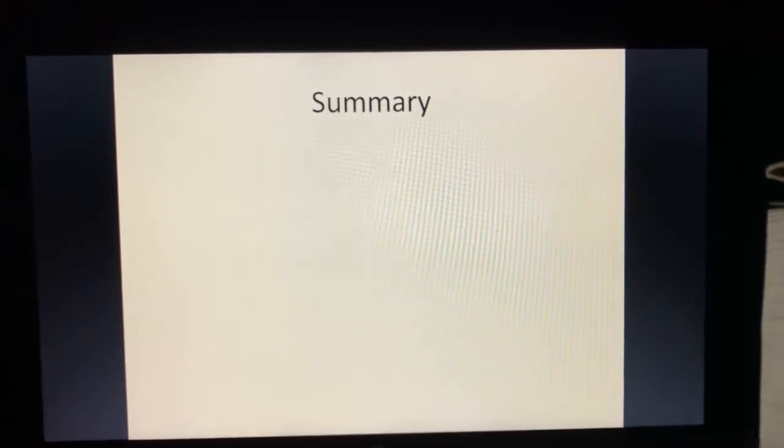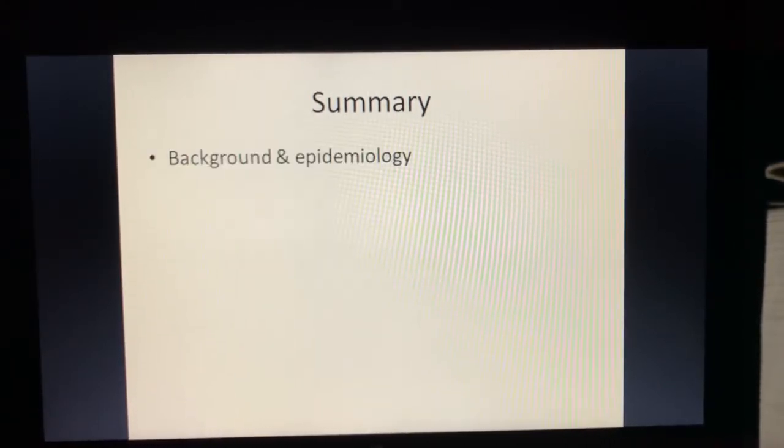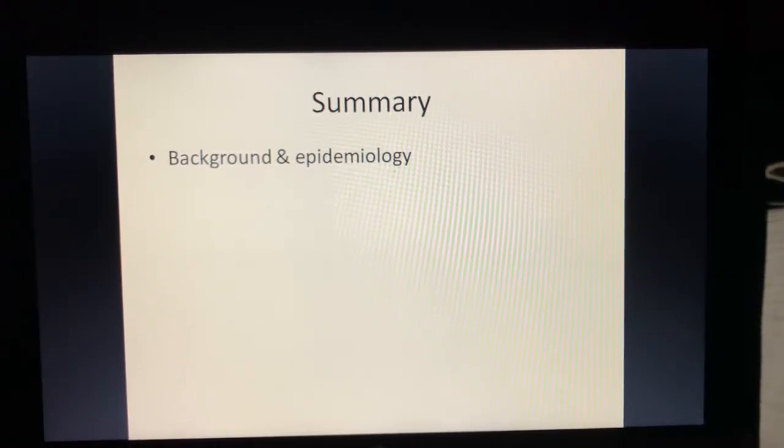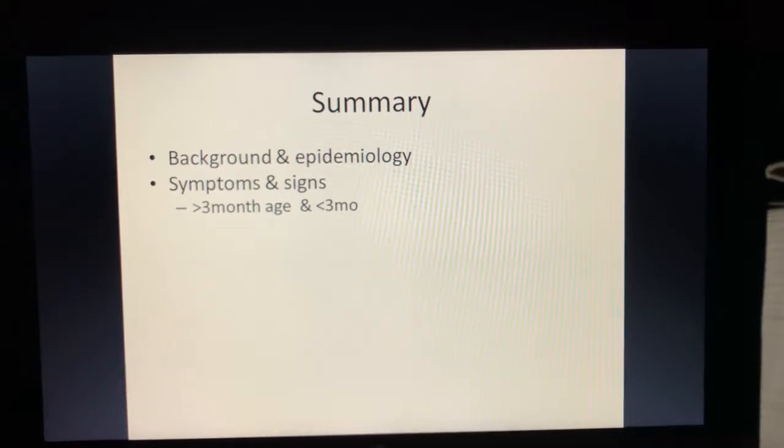So I'm just going to now briefly summarise what we've done. We've gone through some pathophysiology and epidemiology, and we've focused particularly on the under 3-month-olds because we recognise that the incidence of bacterial meningitis in this age group has been increasing in the last decade. We've had a look at some of the evidence base for symptoms and signs in both age groups, and we're aware now that fever, for example, is not a useful screen in the under 3-month-old.